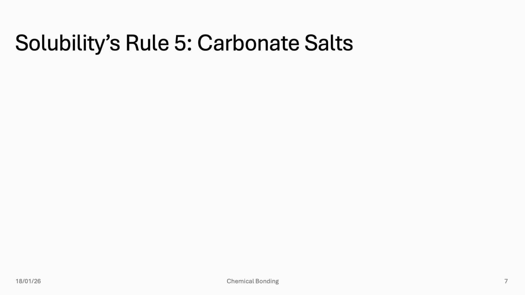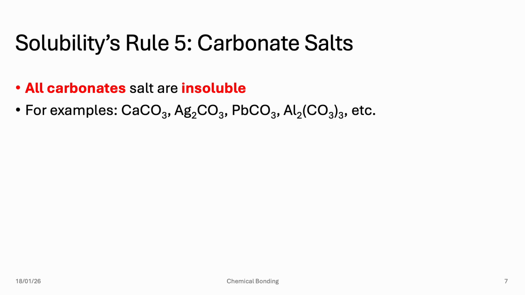Rule number 5, carbonates. If you pay attention, the rule for carbonates is that all are insoluble. For example, CaCO3, Ag2CO3, PbCO3, Al2(CO3)3. These are insoluble carbonates.